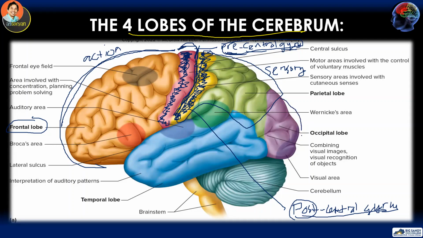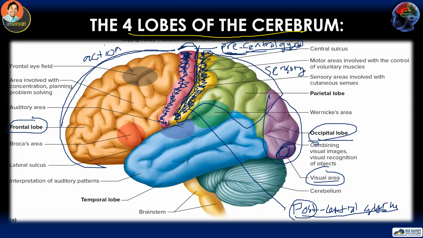The back part of the brain has a special lobe called the occipital lobe, and this occipital lobe is used for vision. So this is the area for controlling our vision. What we see will be controlled or sent by this occipital lobe.